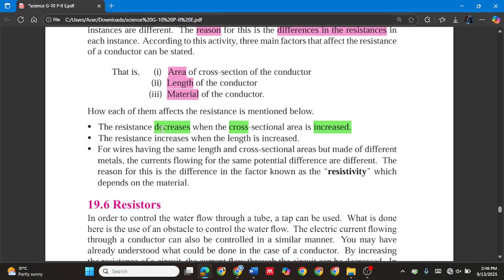Think like this. There's a pipeline, a water-flowing pipeline. If the area of the pipeline is increased, does a large amount of water go through it, or a low amount? Think about a pipeline which allows water to go through it.